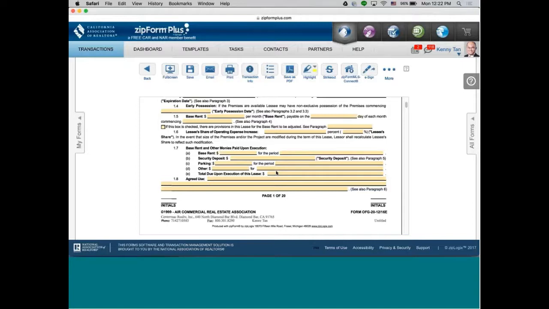And because it is a gross lease, I see a big difference between a gross lease and a net lease, which is the 1.6. The 1.6 says lessee's share of operating expense increase.